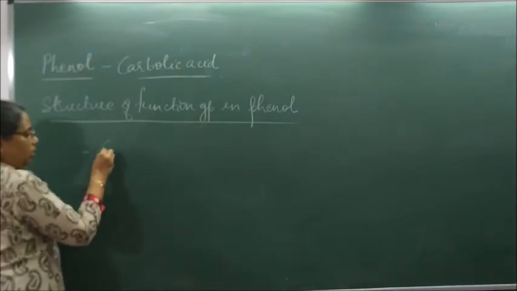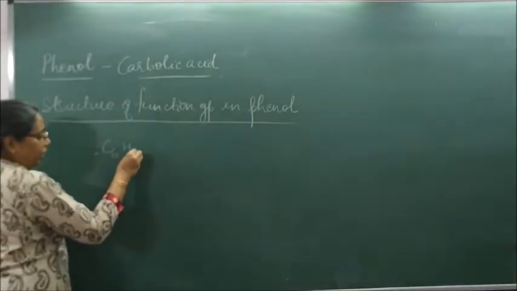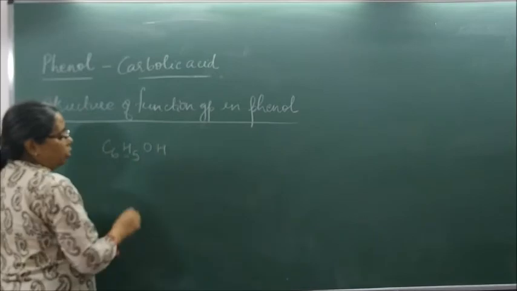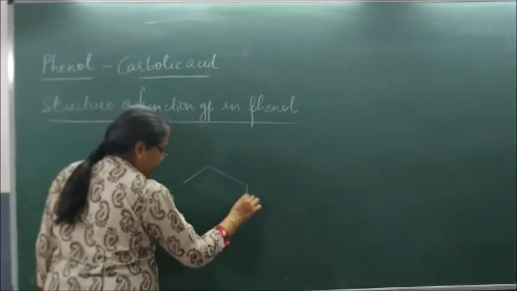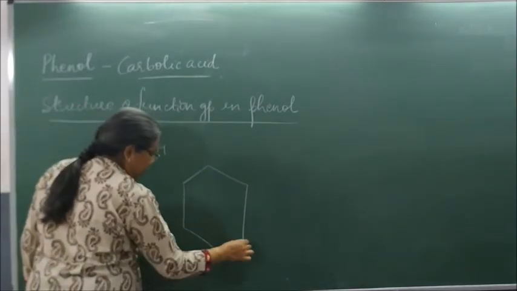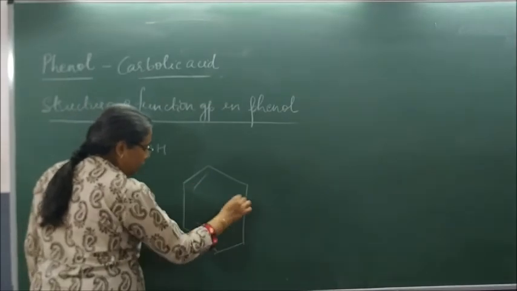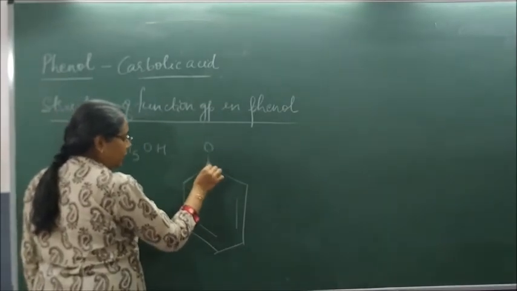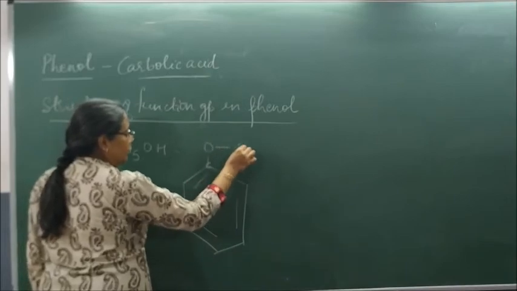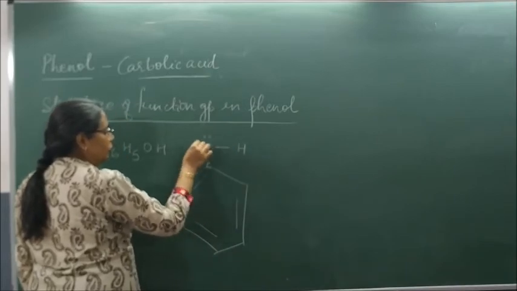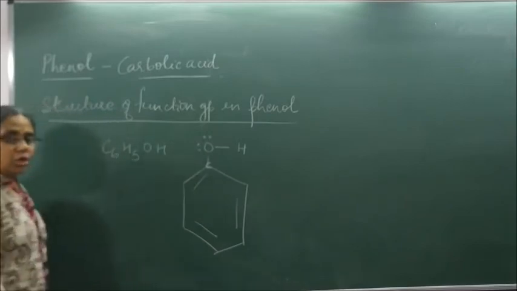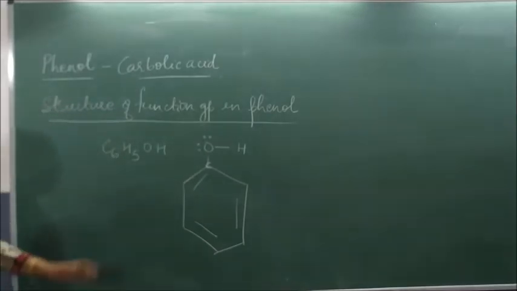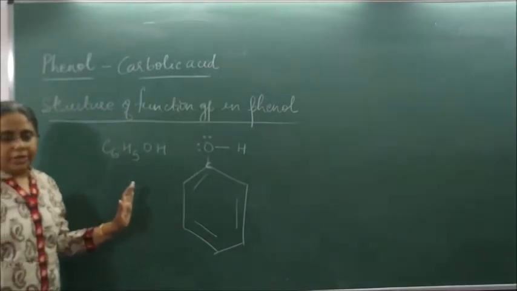What is phenol? C6H5OH. How do we write this? It is an aromatic compound and it basically has what carbon? I'll write here a carbon and there is an O and H. This oxygen has how many lone pair electrons? 2 lone pair electrons. Please draw this.